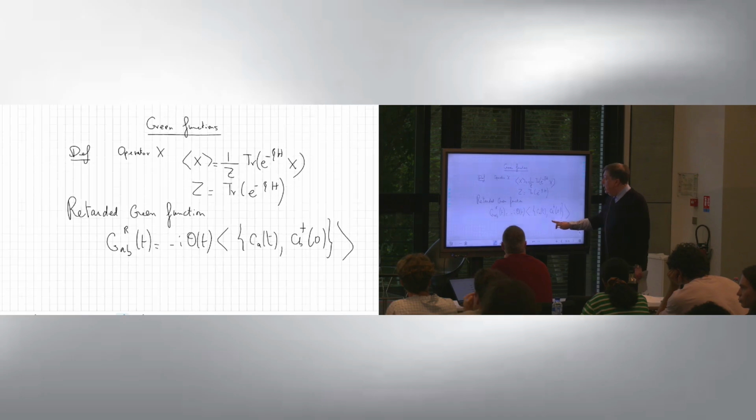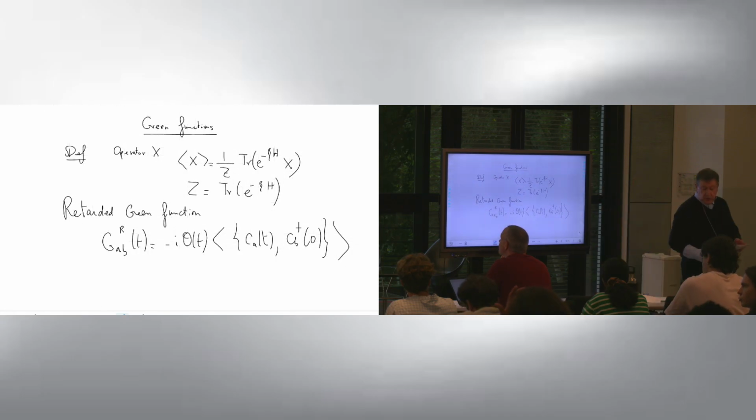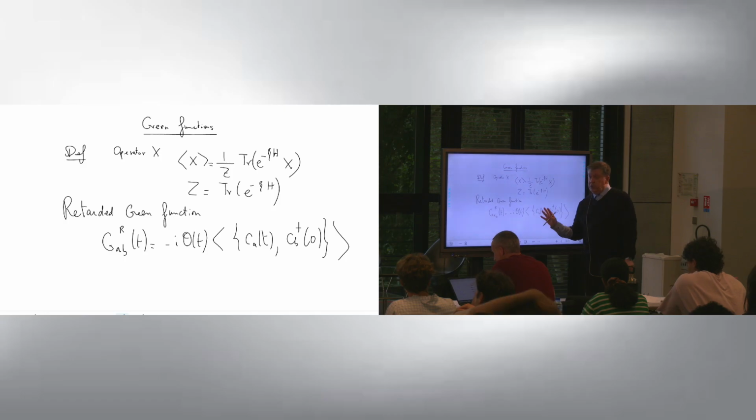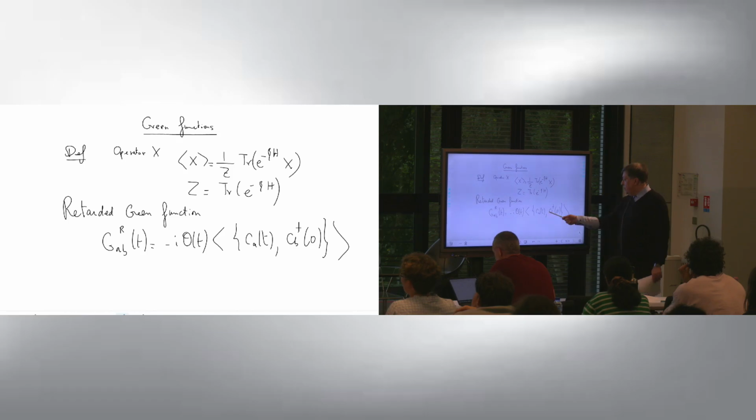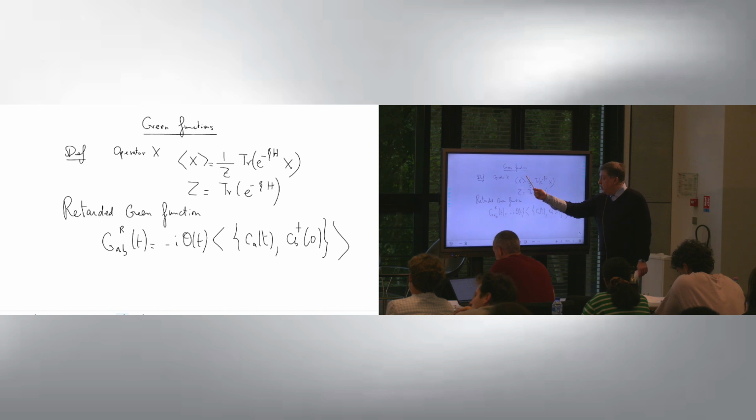It's an important object which we are going to see all the time, so it's important to understand the definition well. Here, in real time, we're talking about the anticommutator of the c and the c daggers, and of course the average both quantum mechanically and thermally.